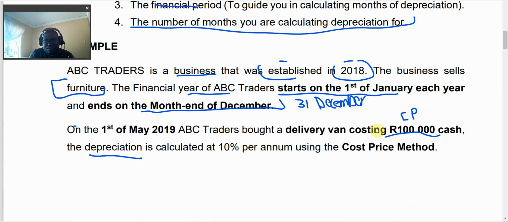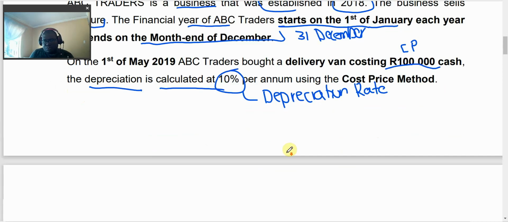The depreciation is calculated at 10% per annum. Remember that time when I was referring to the depreciation rate.